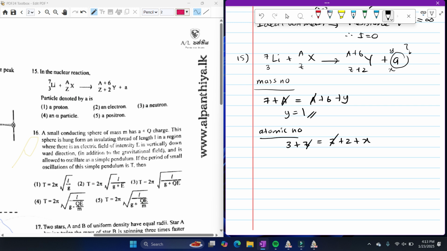Z to z cancels off. X is also equal to 1. That means this A is something like 1 1, mass number 1 and atomic number 1. This is a proton, right? So the answer is 1, a proton.